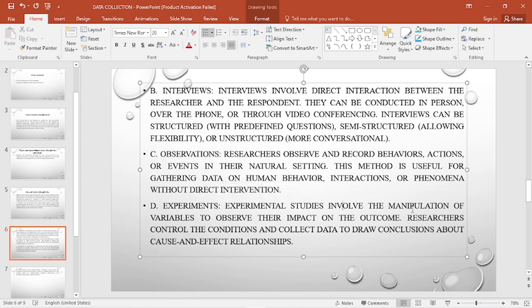Next one is experiments. Experimental studies involve the manipulation of variables to observe their impact on the outcome. Researchers control the conditions and collect data to draw conclusions about cause and effect relationships. Experiment is the best one, because there is no intervention of other people or other data.